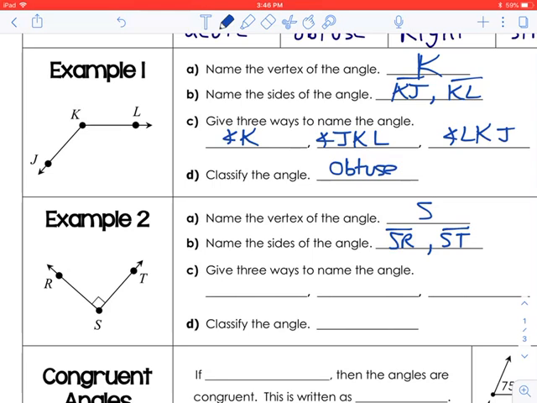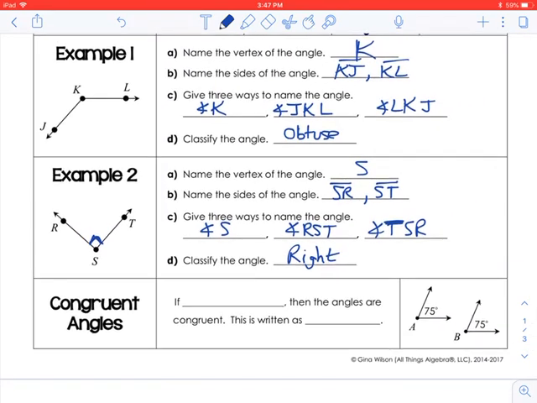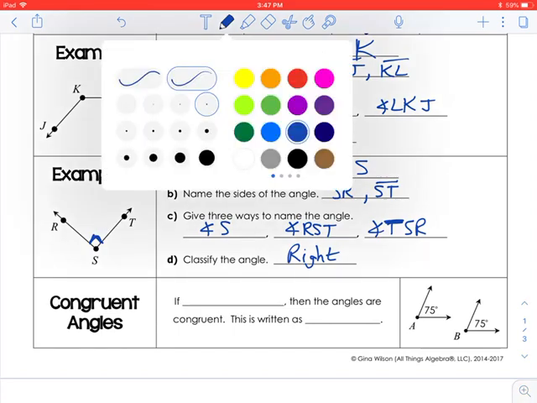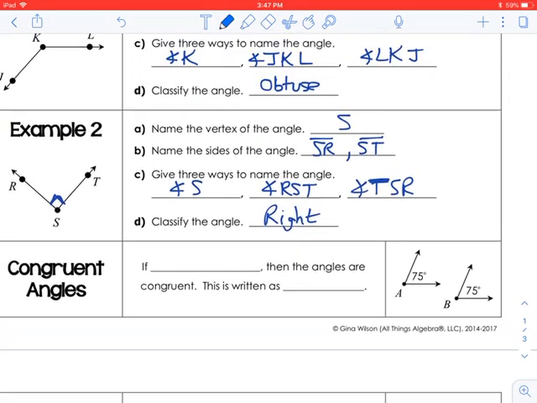Give 3 ways to name this angle. This is angle S, or angle RST, or angle TSR, once again making sure S is in the middle, whatever the vertex is. And classify the angle. Notice, since it has a box, that automatically means it's 90 degrees, which is a right angle.